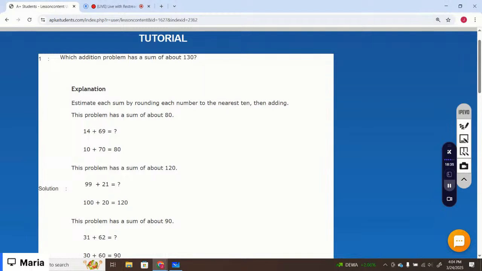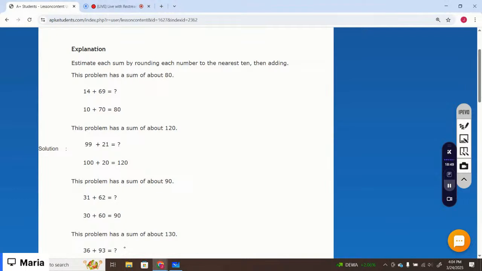Let's just start with an example. Which addition problem has a sum of about 130? You are given 3 or 4 options. You have to see which one when added makes the sum 130. You can start with the first example, that is 14 and 69. So 14 is rounded to 10 and 69 is rounded to 70.